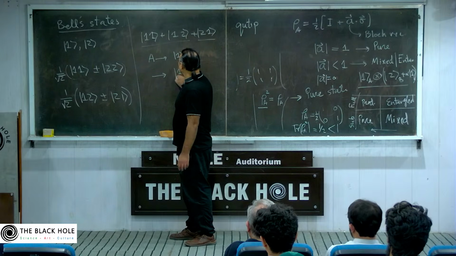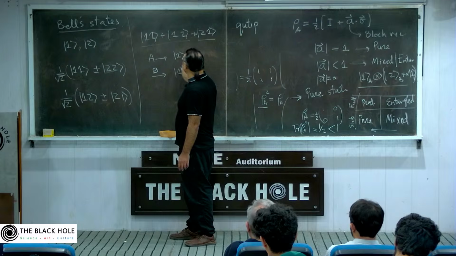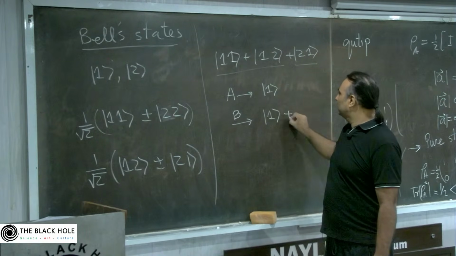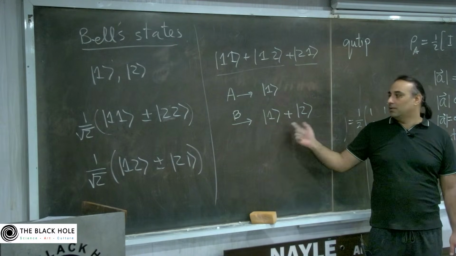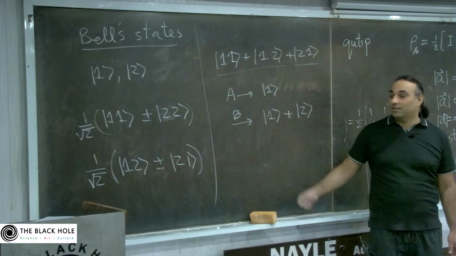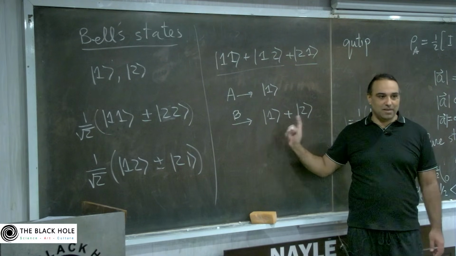That would mean that for the second you get this 1 and this 2. Now you don't know which state your B is in. It's in a superposition, so you don't know yet in this basis.